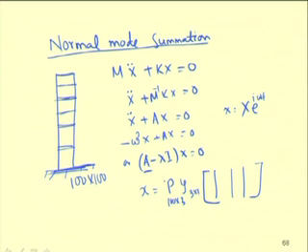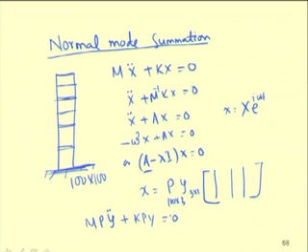If one substitutes this in the original equation, one can write M P y double dot plus K P y equal to 0.